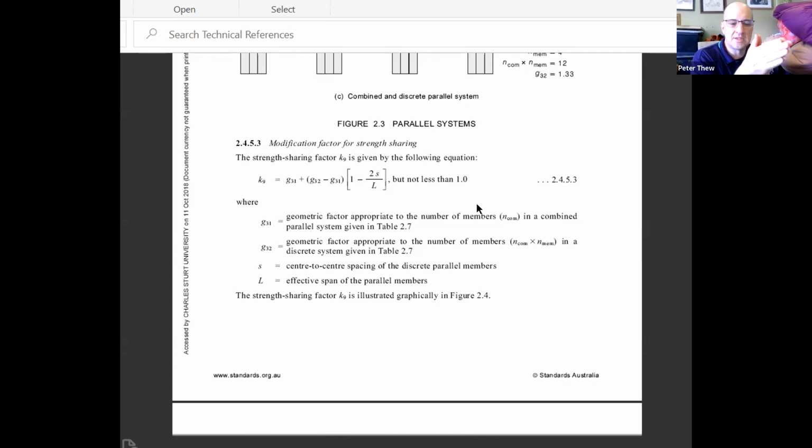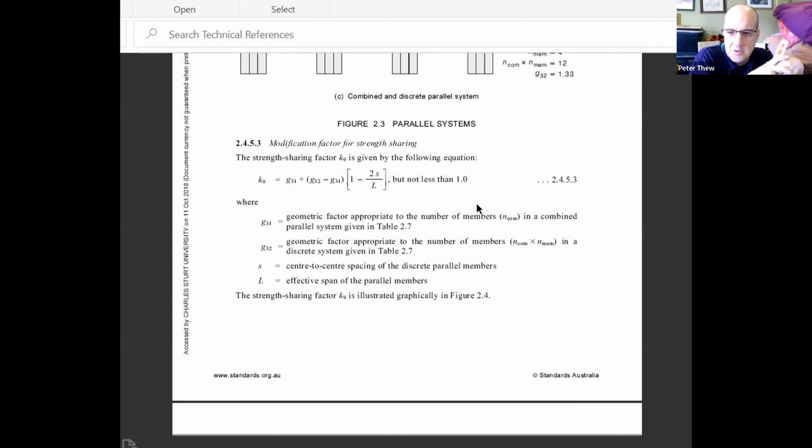So just to summarize, where you've got 1 beam on its own, your K9 value is 1. Okay. Where you're nailing some together and having them in a parallel system, it's only going to get better. So if you have a parallel system or beams nailed together, your K9 value is going to be greater than 1. Okay. So the conservative option is the one.